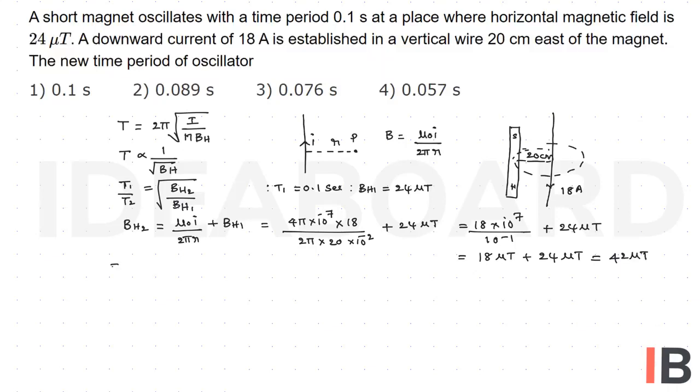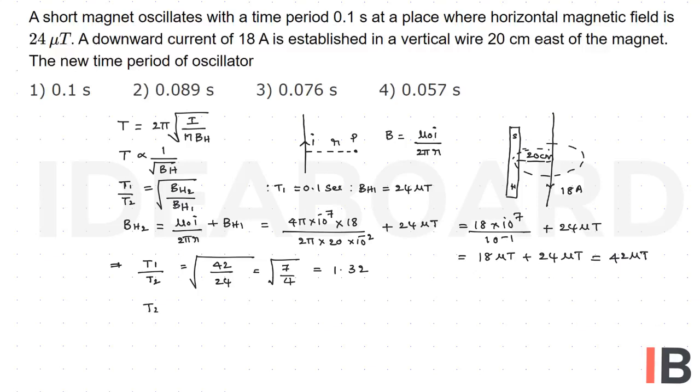Then substitute here. Now we need to find T2 value. So here T1 by T2 is equal to root over BH2 42, BH1 24, which is equal to root over 7 by 4, that is 1.32 after simplification.